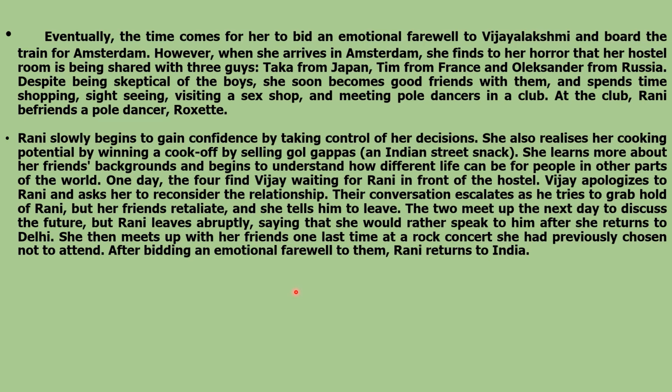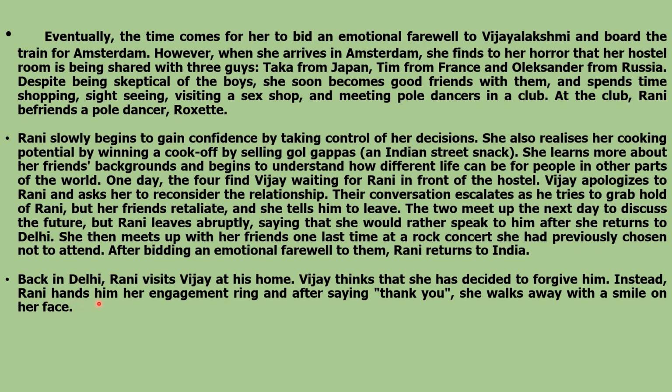She becomes very very confident, and finally back in Delhi, Rani visits Vijay, the fiance, at his home. Vijay thinks that she has decided to forgive him. Instead, Rani hands him her engagement ring, and after saying thank you, she walks away with a smile on her face. That means she discovered herself.